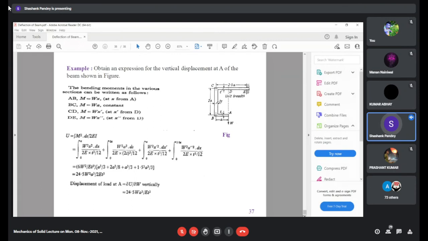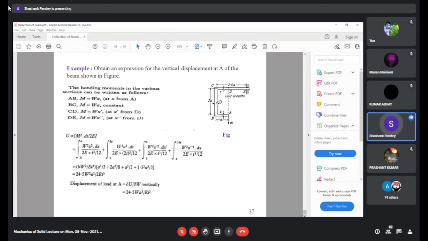As we know, if we want the vertical displacement at point A, what Castigliano's theorem says is that we differentiate with respect to the load at point A. The load applied at A is capital W. We differentiate the total strain energy with respect to this load applied at point A, so we will get the displacement at point A. This is all about Castigliano's theorem.